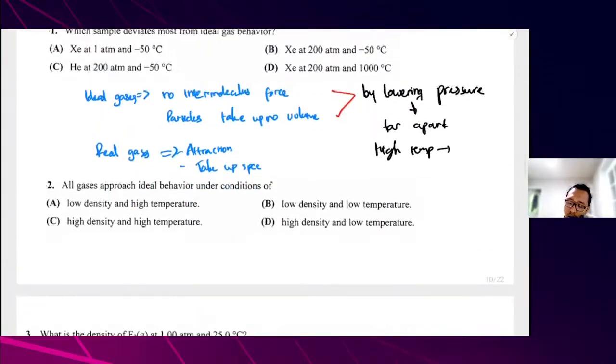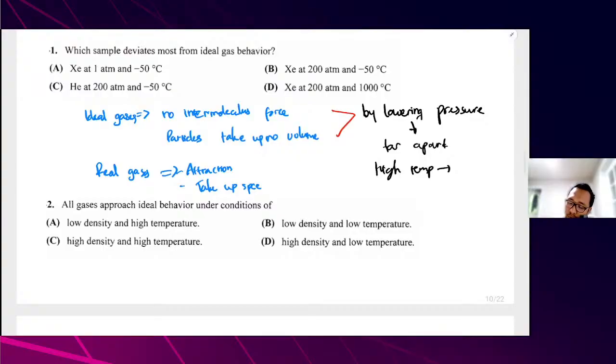So how to get the ideal case? High temperature, so there is no time for attraction because they are moving so fast.